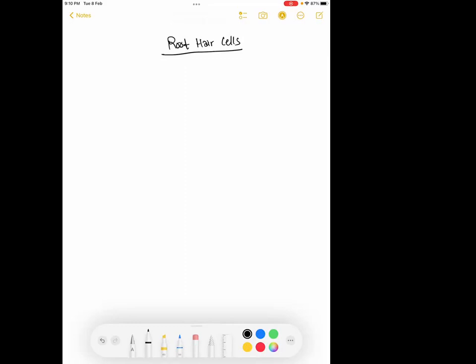So basically, let me show you what they look like. ধরো, middle আমাদের vacuole আছে, so I'm gonna try.